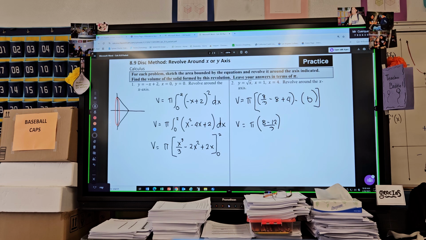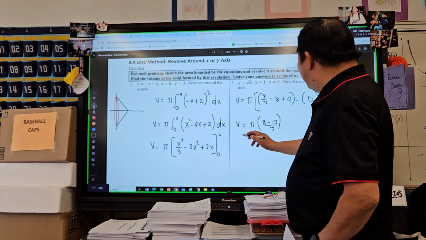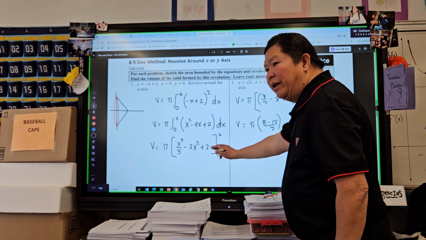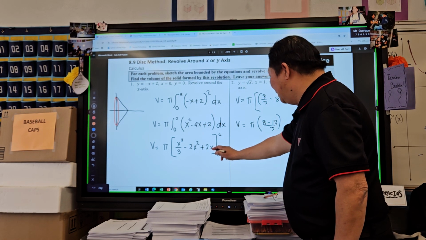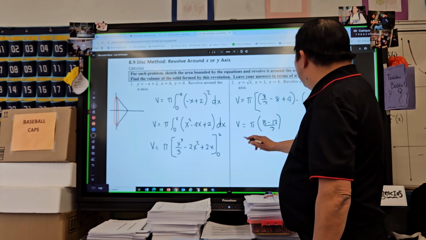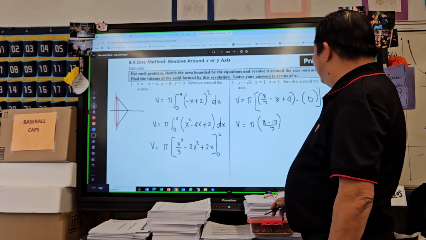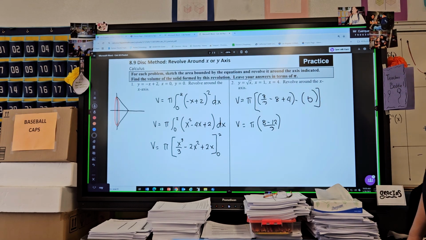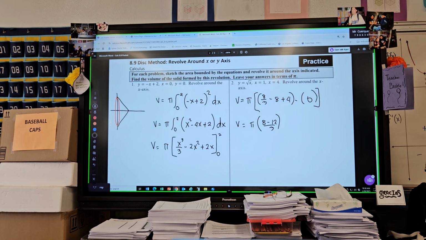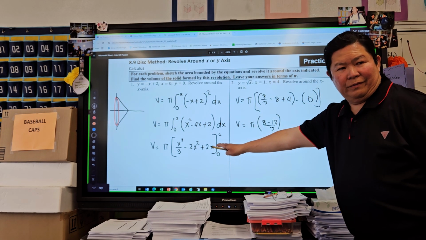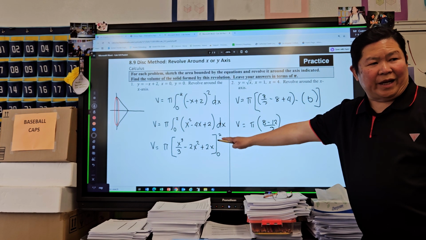Is it not plus 4 instead of plus 2? Where? On this one? Yeah, like 4x, and same with the one on top. Plus 4. No, because it's negative x plus 2 times 2. Can you trace where we made a mistake?